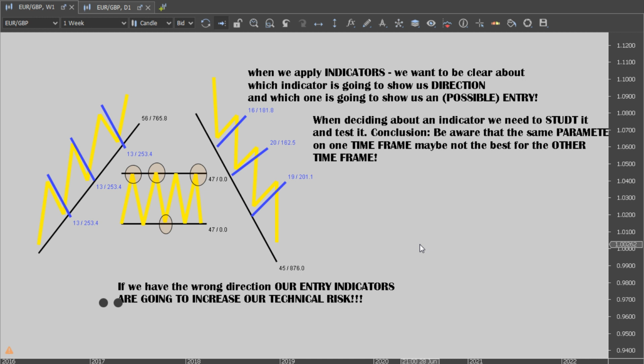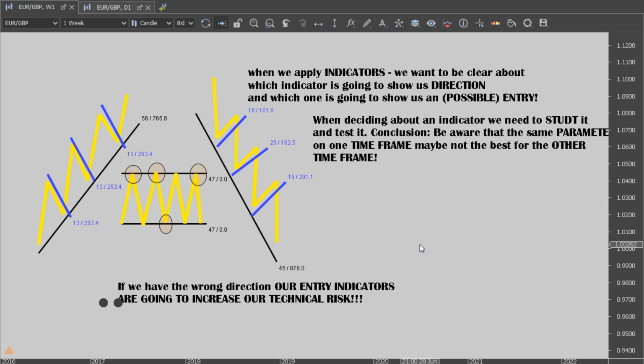And there is no right or wrong, everybody. But if you are going to use indicators, and this is the first lesson today, remember you need to have two different indicators. One is for direction, the other one is for possible entries. You need to check the parameters, because not all the parameters are best for all time frames.